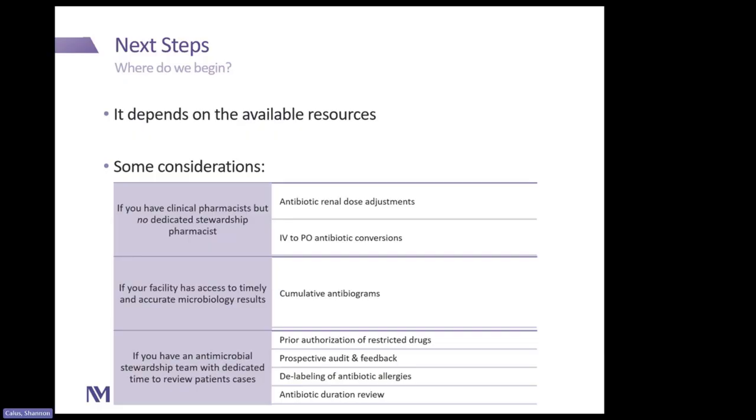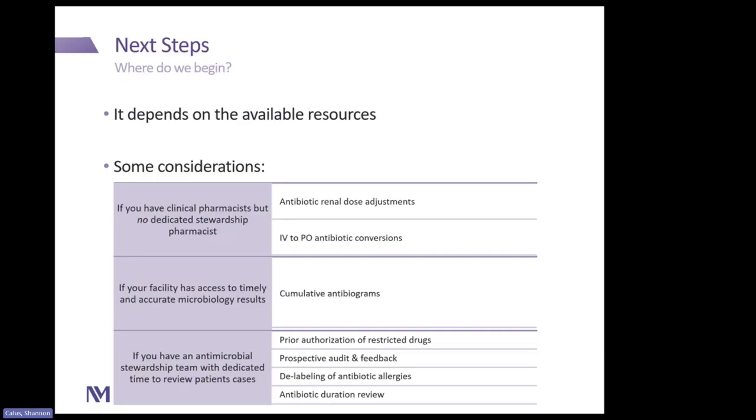And then if you have a stewardship team with dedicated time to review patient cases, that's really one of the more ideal states. The stewardship pharmacist can do prior authorization of restricted drugs, such as those that are ID restricted, prospective audit and feedback, that is one of the bread and butter activities of stewardship pharmacists, de-labeling of antibiotic allergies.